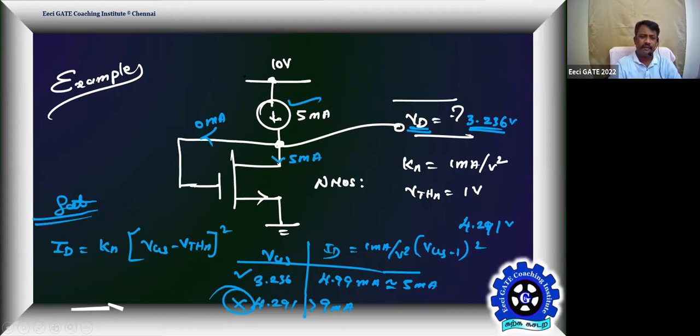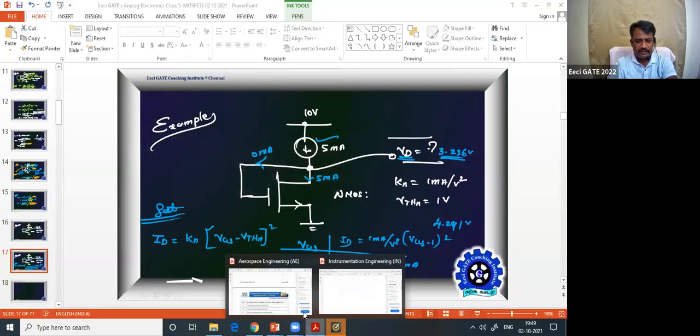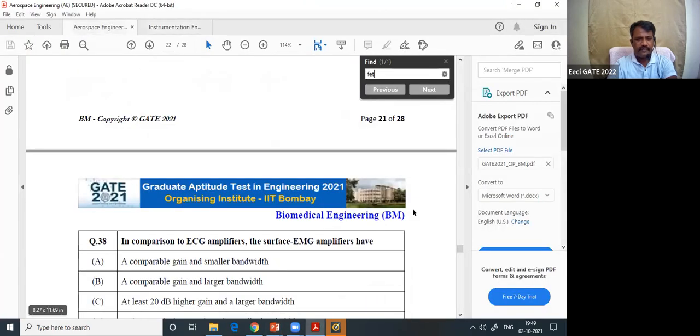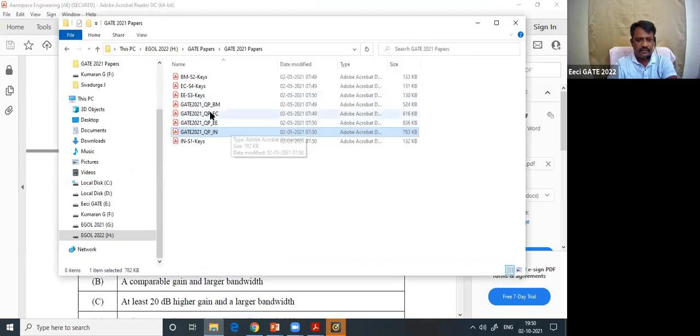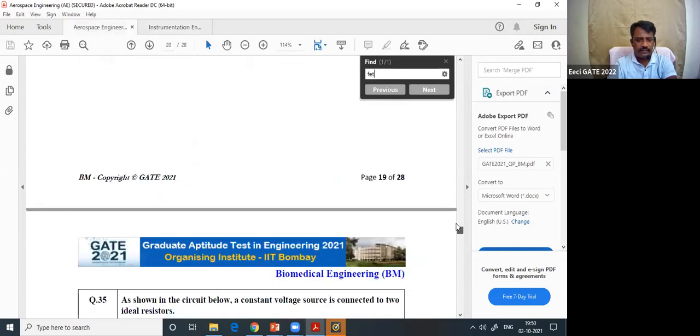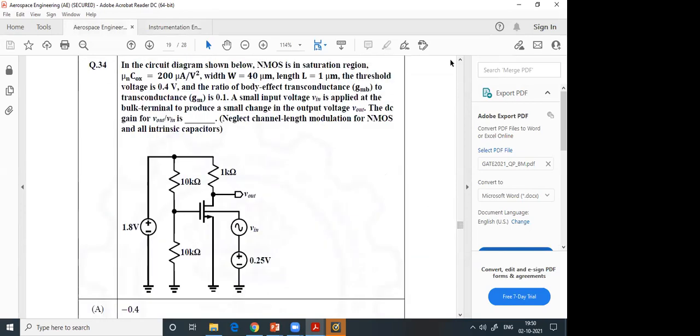Right? So it's a beginning only. In fact, in the biomedical paper, they played very nicely. I'll show what problem they constructed in GATE 2021. You can see that. See this problem, visible, right? Yes, sir.